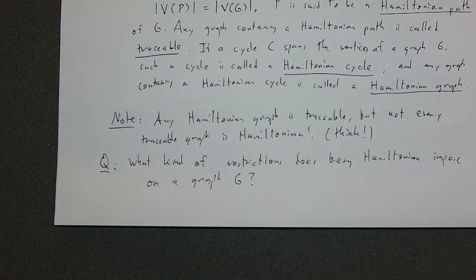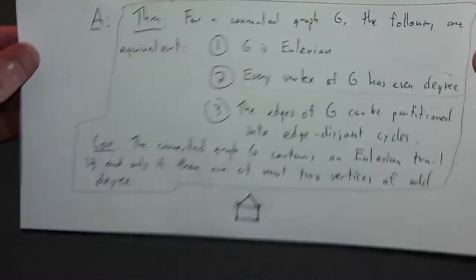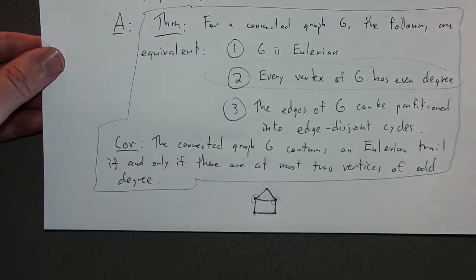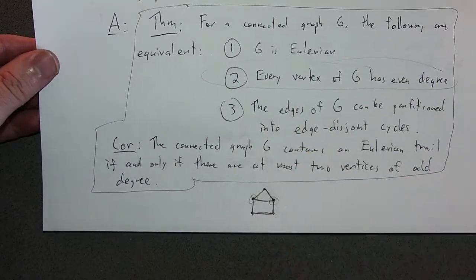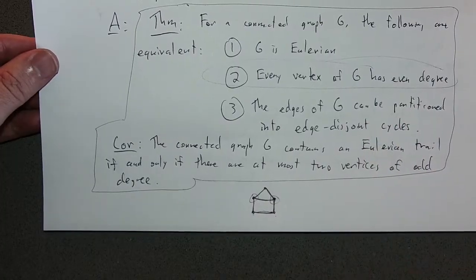We asked this question, of course, for Eulerian graphs, and our answer was this very nice theorem that I reminded you of at the beginning of the lecture. If G is Eulerian, every vertex has even degree. The edges can be partitioned into edge disjoint cycles.